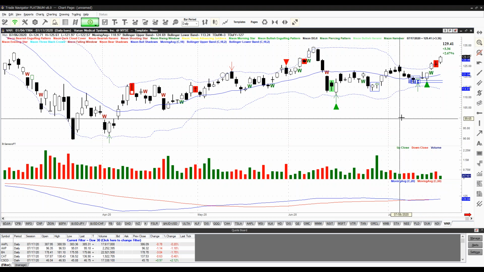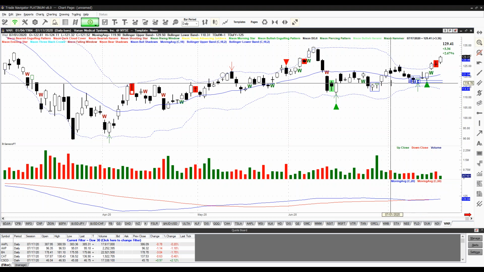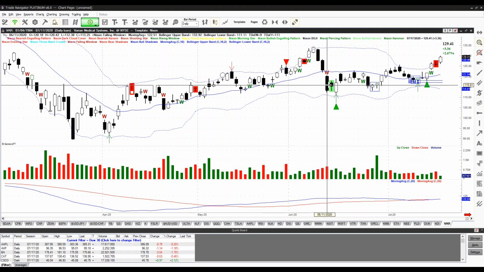Now, there's a few other things that I want to show you. Notice when I put the hash mark here, this is at the low of the hammer. If you look back, what did we have? We had a rising window, which then became new support. We had a move under it, became resistance.